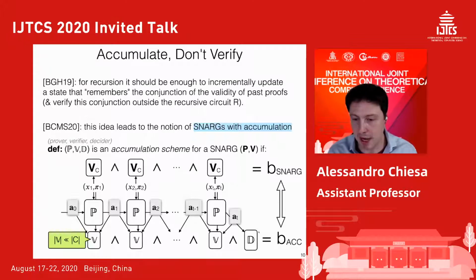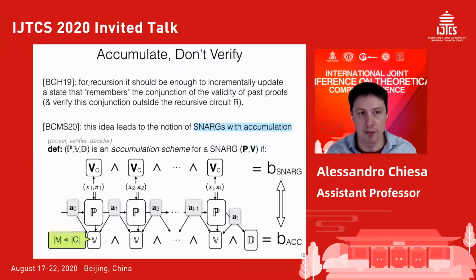But we do not require the accumulation decider to be small. Intuitively, what's happening is the verifiers are just accumulating the conjunction of all these things, and the decider is checking the conjunction of all these things. And because the snark verifier is not succinct, the decider is not succinct either. But that's okay, because we will be using the fact that the accumulation verifier here is succinct.